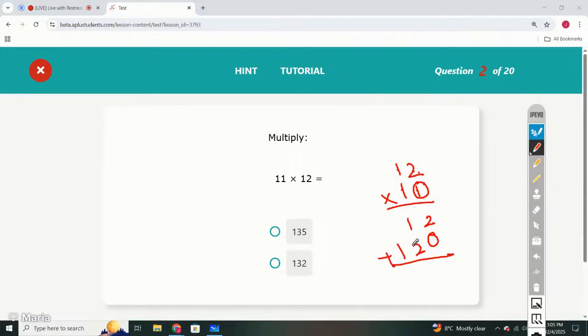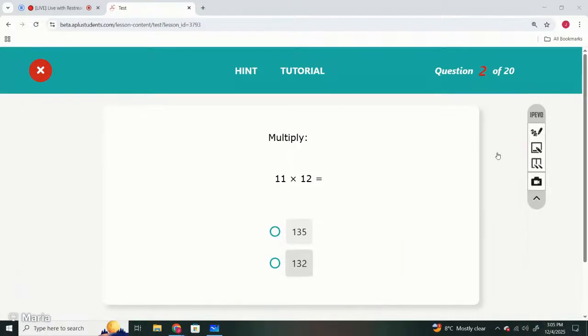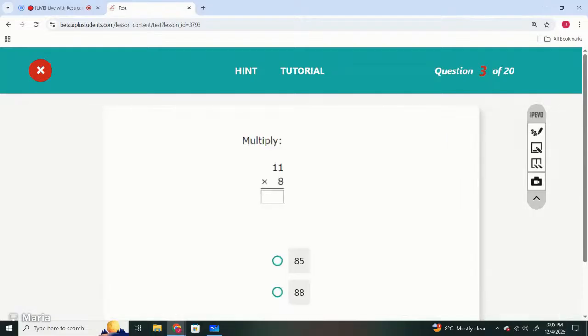Now just add. 2 plus 0 is 2, 2 plus 1 is 3, and 1. So that makes 132. 11 times 12 is 132. Option number 2 is the correct option, that is 132.